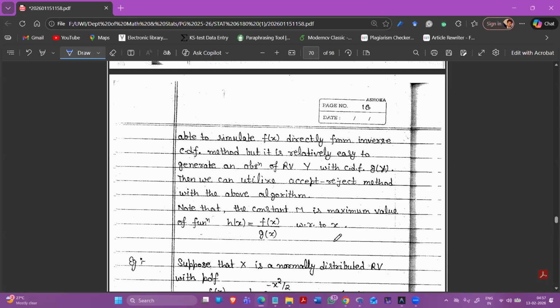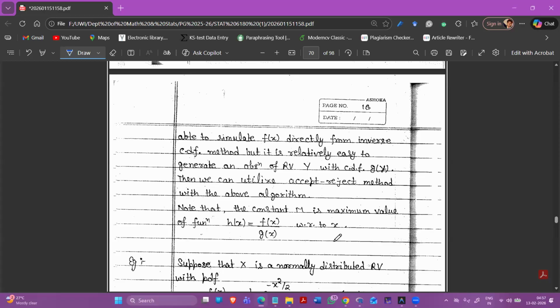So selecting M and selecting the distribution that should cover your target distribution is very important in the accept reject method. If you are not able to do it, at that time you cannot go for the accept reject method.